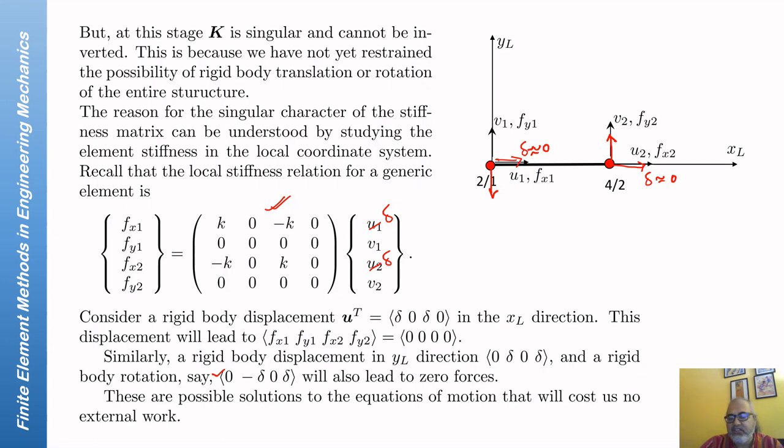So it costs us no external work, and therefore if these modes exist, then your stiffness matrix is going to be singular. So in order to make the stiffness matrix non-singular, you have to somehow weed out the zero energy modes that cost no energy for them to occur.